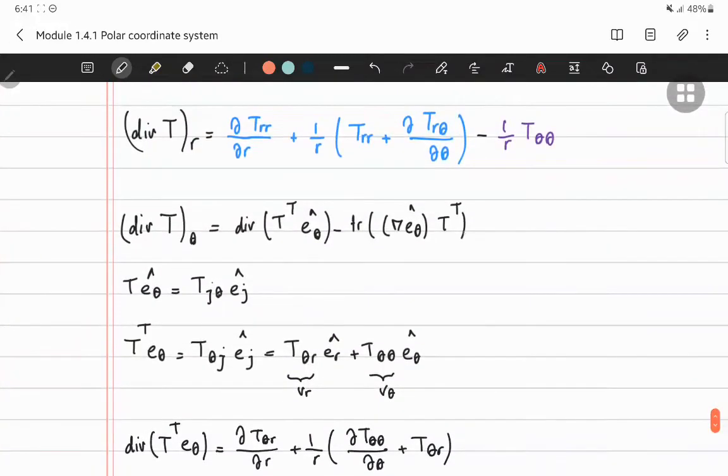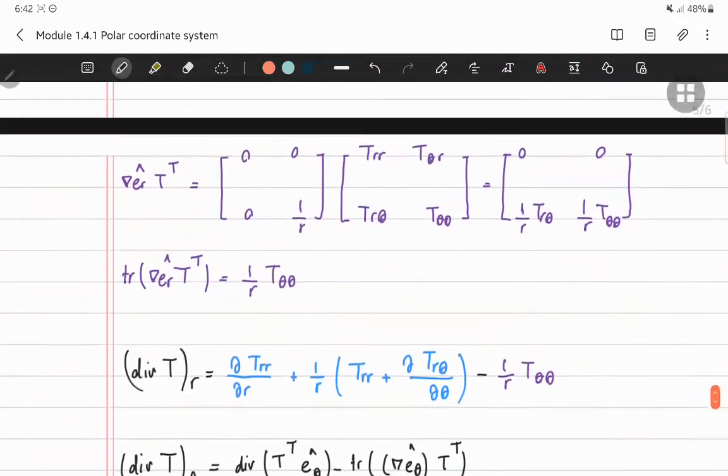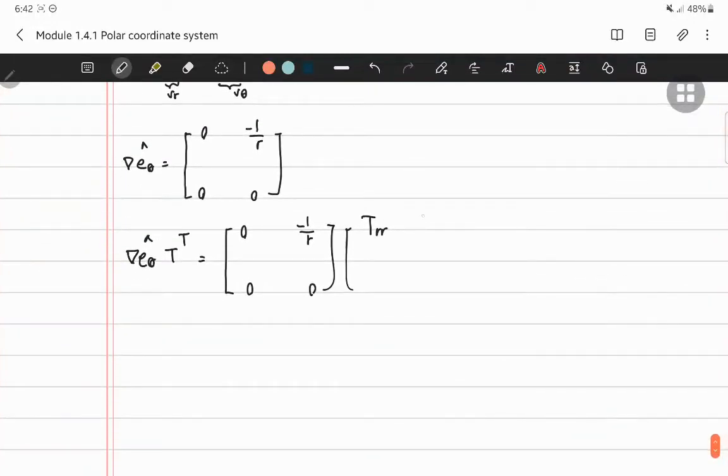Then I have T transpose here. Del e_θ T transpose is equal to this times T_rr, and this is T_θr, T_rθ, T_θθ, is equal to this divided by this, minus 1 T_rθ, minus 1 divided by r T_θθ.